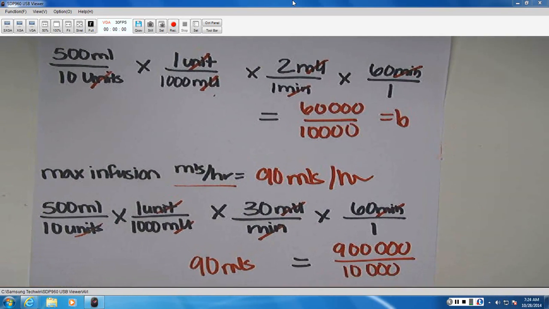Okay, so that is an example of all of the different types of problems that you'll see on your worksheet that's due this week, and the different types of problems that you'll see on the test. And these are very real life scenarios. This is exactly what you're going to see when you get into healthcare.